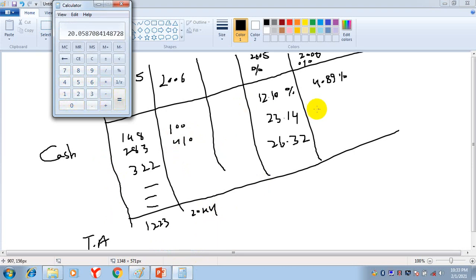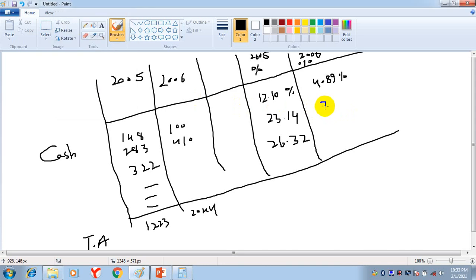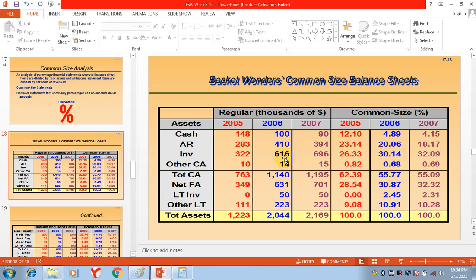So we got 20.05. In this way, take the third item, 616 divided by 2044, then 14 divided by 2044, 1140 divided by 2044, so you will get the percentages of 2006.